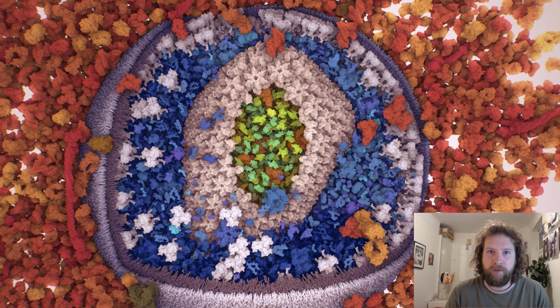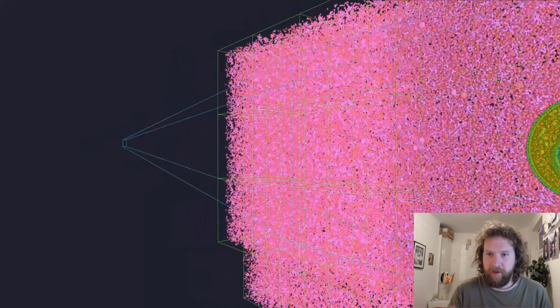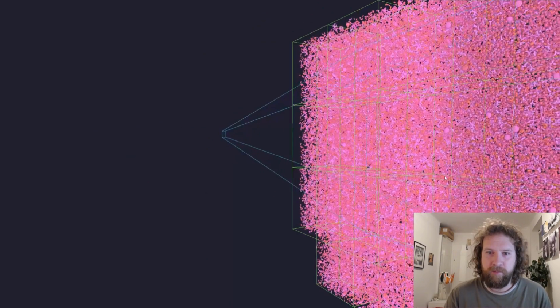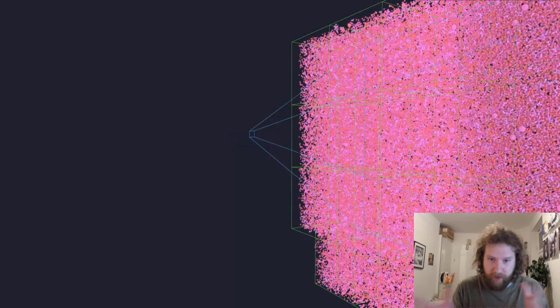And so we decided to go one step further, and we decided to generate these models in real time while they are being rendered. We came up with this method which can also fill spaces and compartments with molecules, but it only does so where the camera is looking. So it splits the space into regions, and only those regions which are currently visible are filled with molecules in real time.